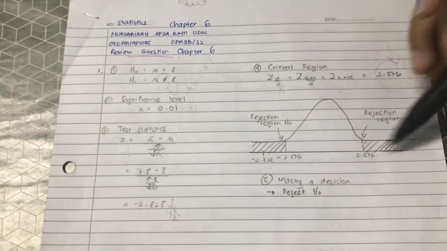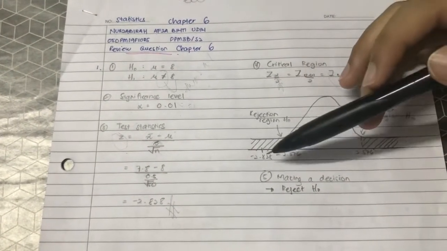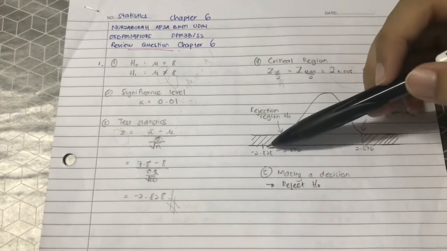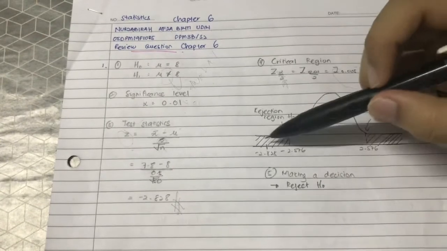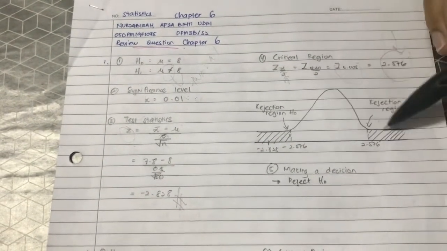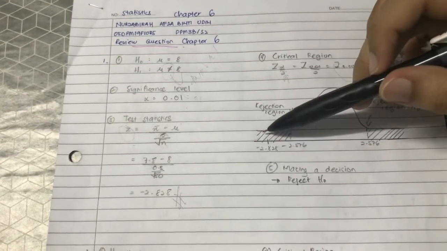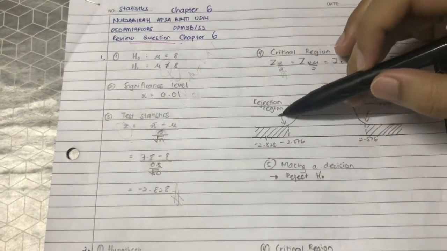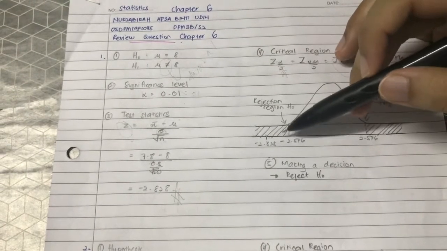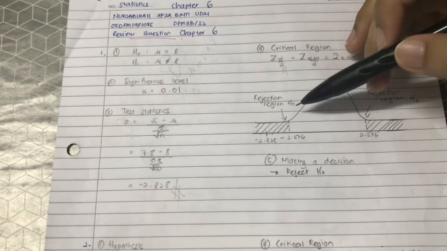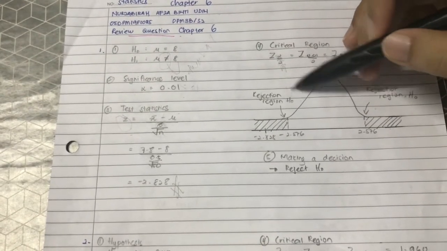So this question is two-tail, right? So you need to write it like this, two tails, here and also here. What is the name of this area? The name of this area is the rejection region of H0, which means the null hypothesis.